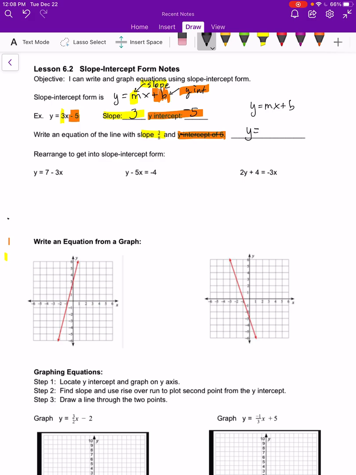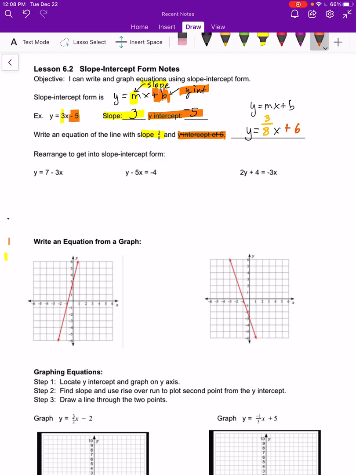So it usually always starts with y equals, just like we learned in the last chapter. We start with a function, a y equals or an f of x. It happens to be y this time. And then m is 3/8. You would leave it as a fraction, even if it's improper. Then x, and then this was a positive 6, so you would have plus 6. So y equals 3/8 x plus 6 if you were going to write an equation.